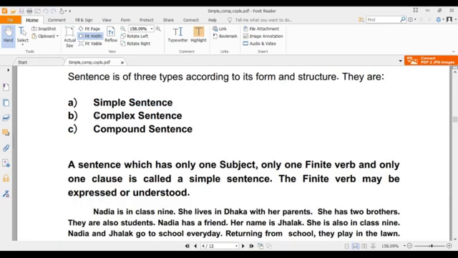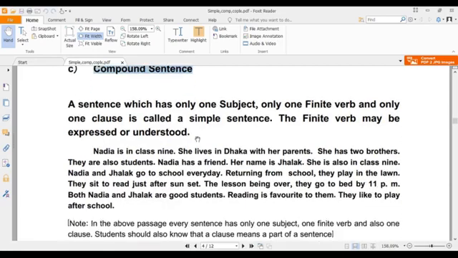A complex sentence contains more than one clause, where one is a main clause and the other is a subordinate clause. And the compound sentence contains more than one main clause, that is, principal clauses.